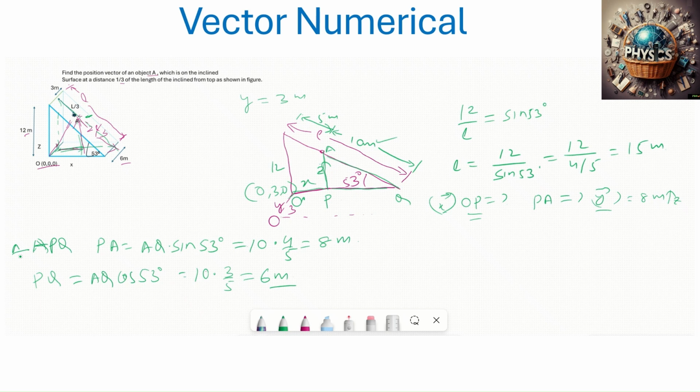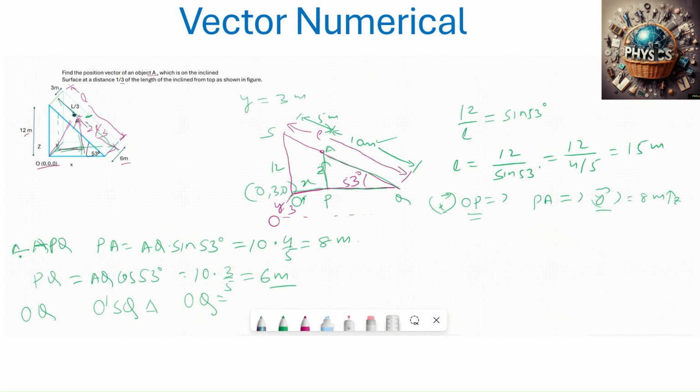So the total is 15 meter. So OQ will be, in this triangle, let us call this O dash, right? And let me call this S. So in triangle O dash S and Q, we have OQ.